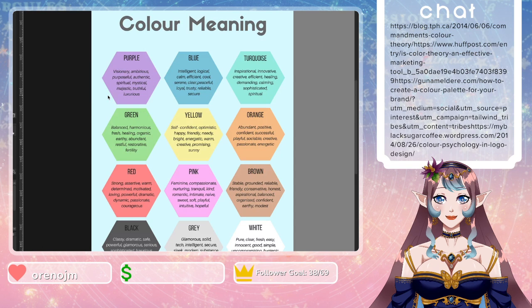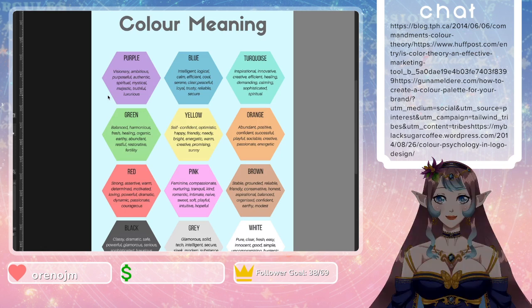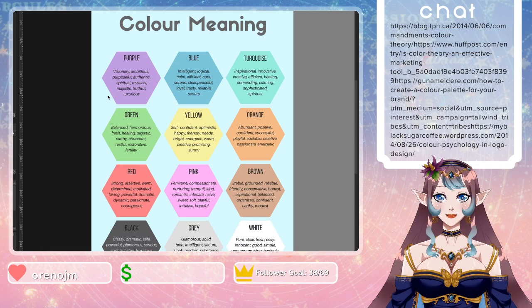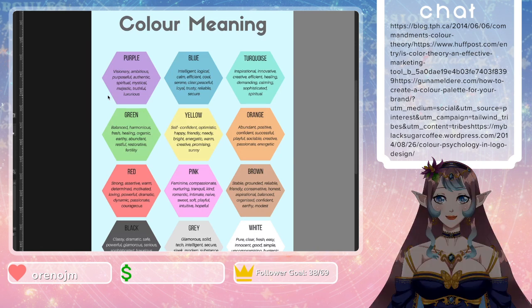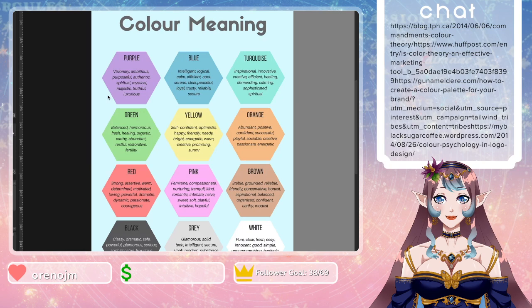Blue can represent intelligent, logical, calm, efficient, cool, serene, clear, peaceful, loyal, trusty, reliable, and secure. It's a color you can trust. You know what you get with blue. You can trust blue with your life. Turquoise is inspirational, innovative.